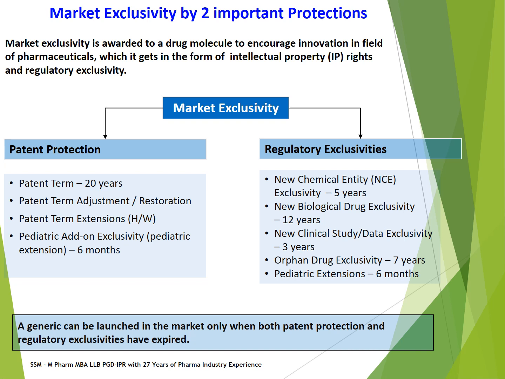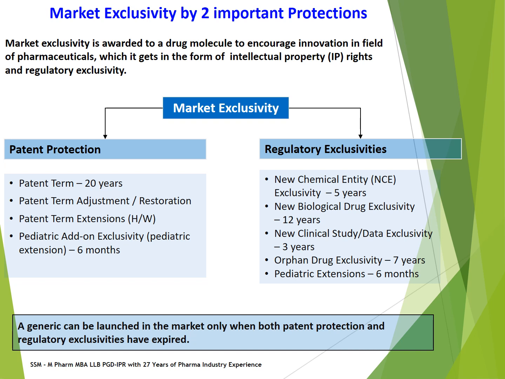If there are less than 2 lakh or 200,000 patients in the whole US, that will be called orphan or rare disease. And if a company develops a product for that rare disease or orphan disease, then the company is eligible for 7 years of orphan drug exclusivity for that indication.